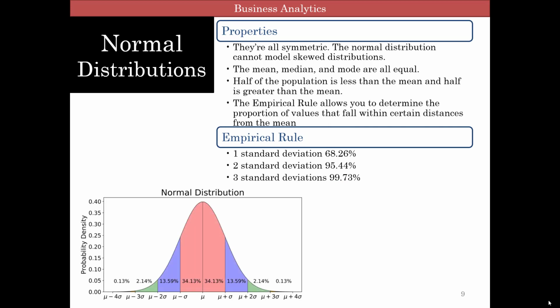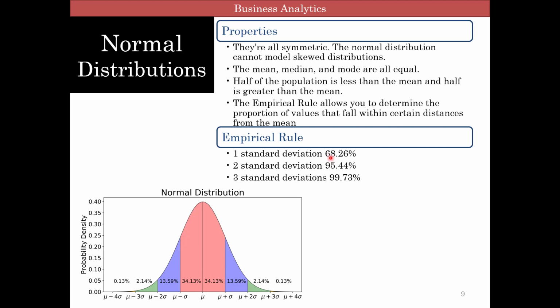So let's take a look at this here. You can see here in the normal distribution, one standard deviation is 34. Because it's symmetric, you can split 68.26 divided by 2. It's 34.13% to the left, 34.13% to the right, right?